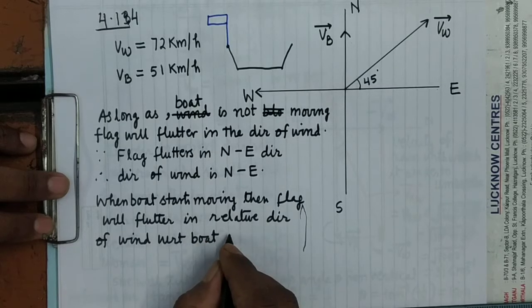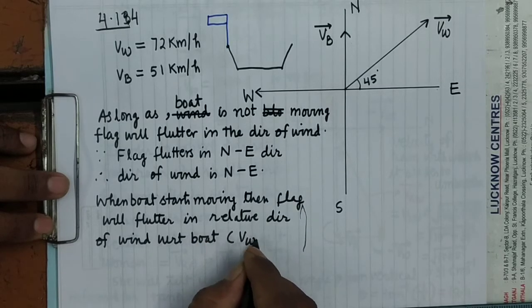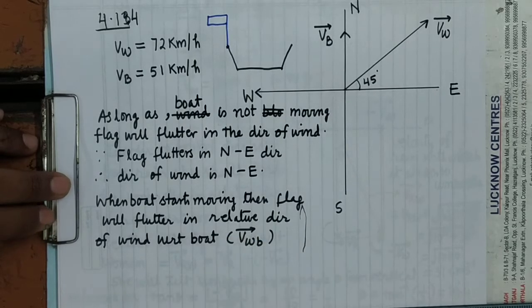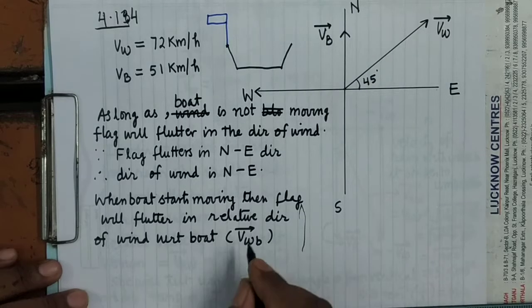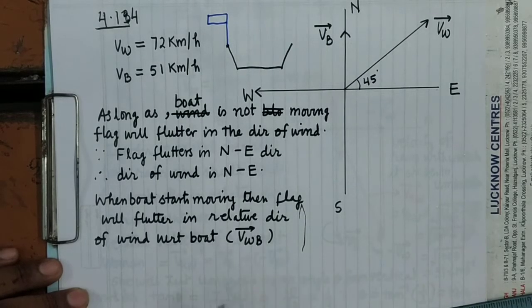Means you have to find this VWB, direction of this velocity, relative velocity of wind with respect to boat. So how can you find relative velocity of wind with respect to boat?